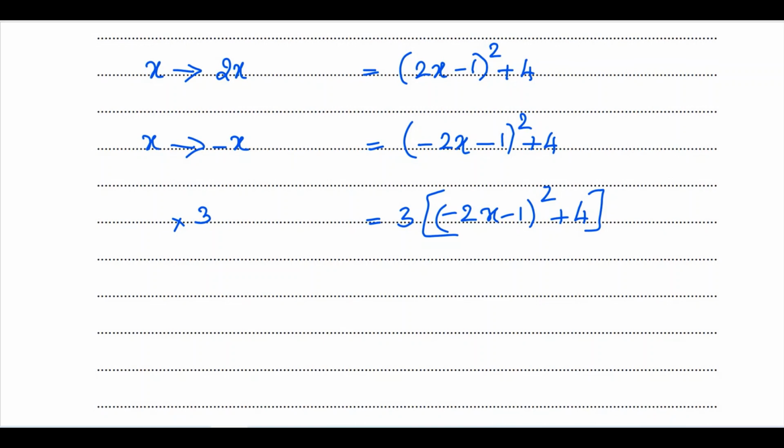So this can be written as 3 times 4x square plus 4x plus 1 plus 4.